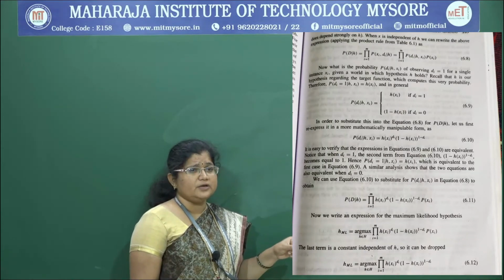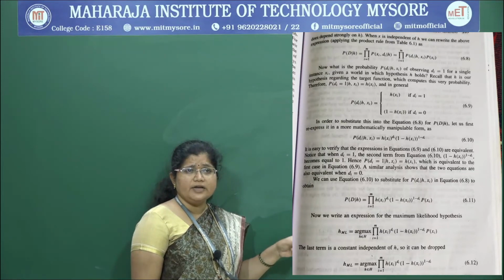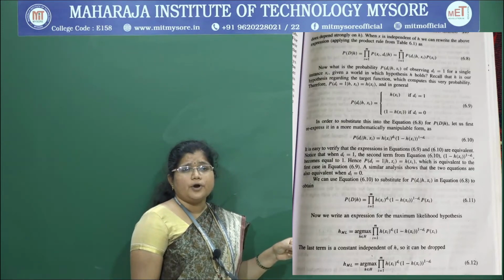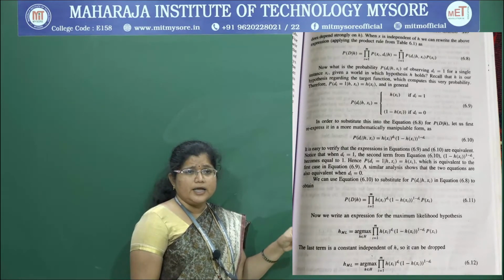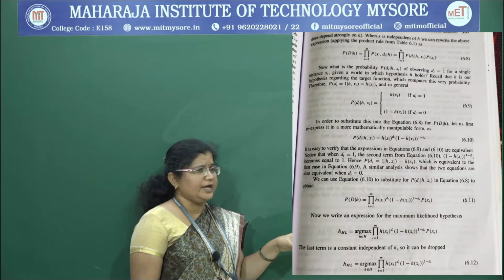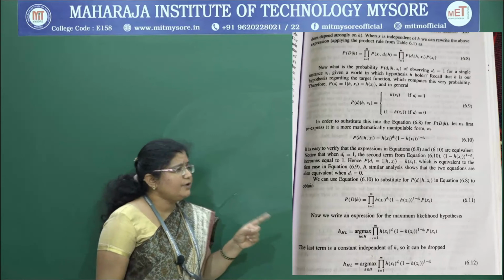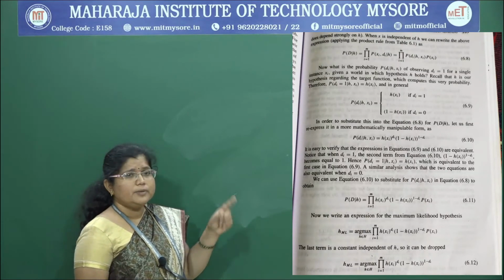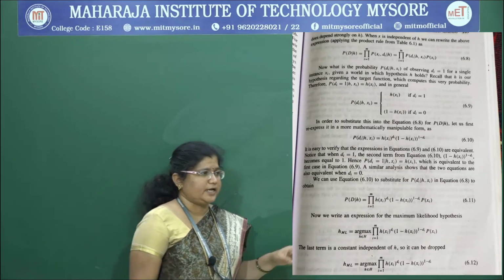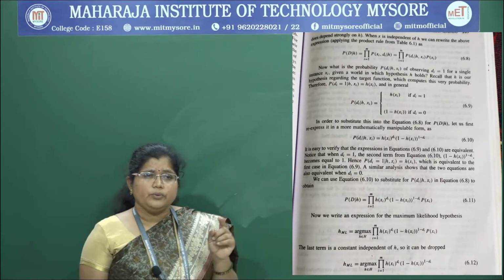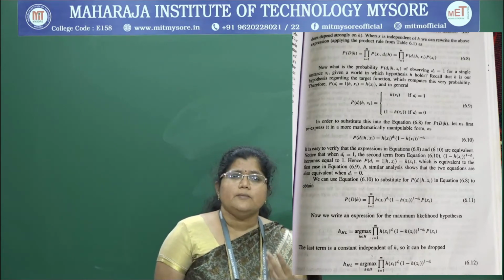To obtain this equation, we have P of D given h equals the product of i equals 1 to m of h of xi to the power of di, 1 minus h of xi to the power of 1 minus di, into P of xi.